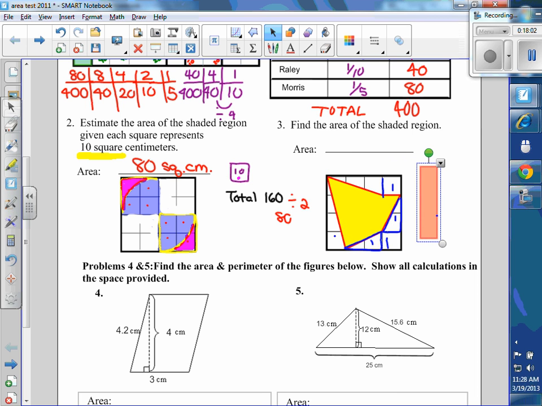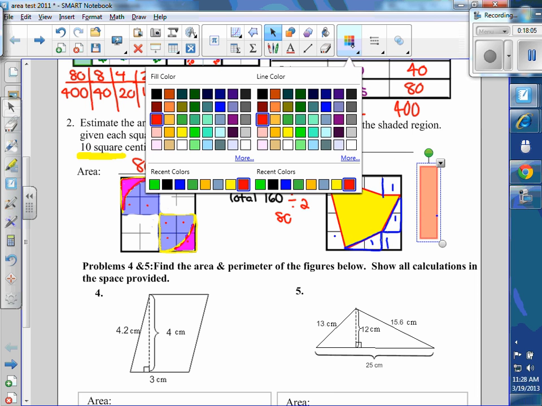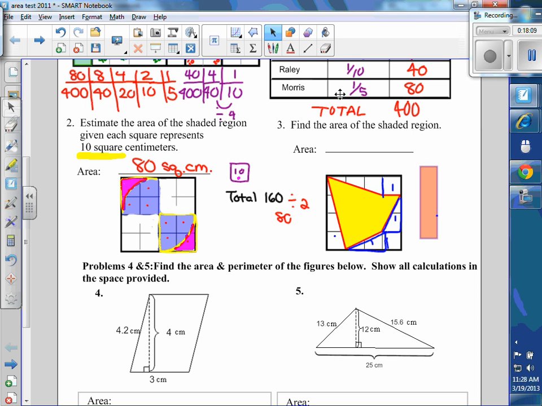So this triangle out here, this triangle out here is half of that, right? So what's the area of this triangle? 2.